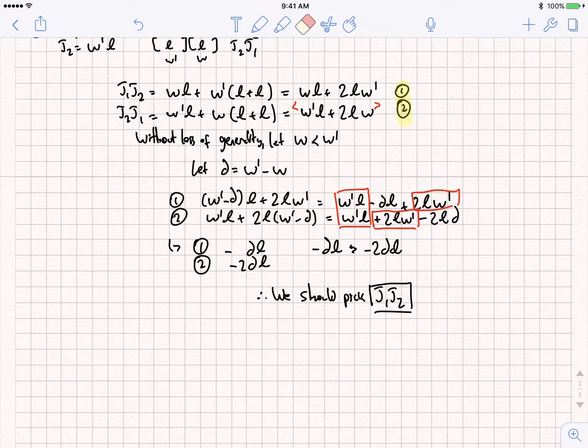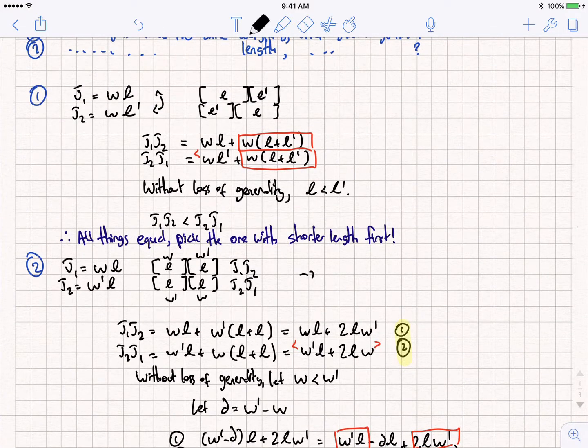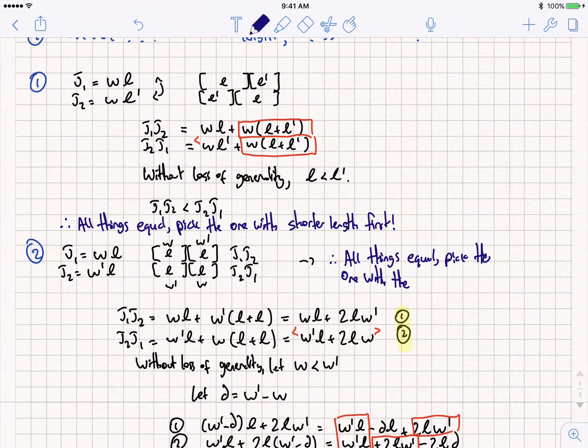But we actually want to minimize the cost, so we're going to pick the other way around. Since we want to minimize, we pick J2, J1. So all things equal, pick the one with the higher weighting first.